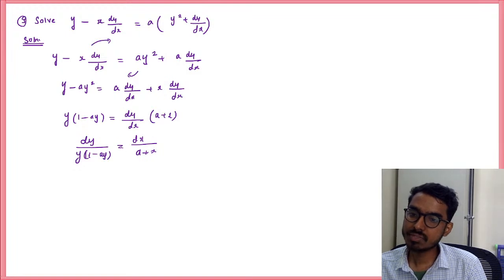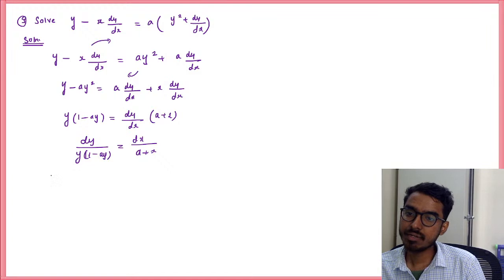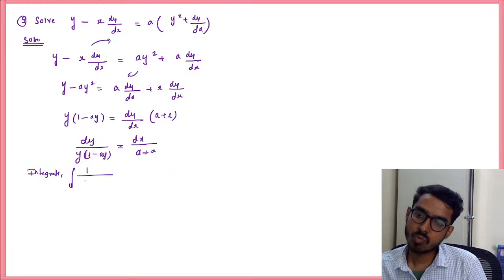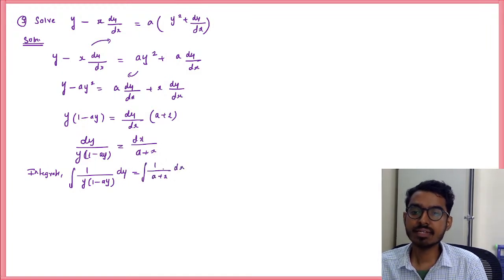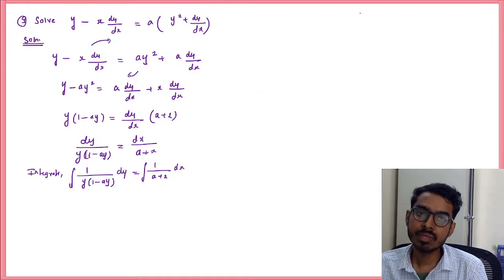Now you can see we have separated y's and dy's. We need to integrate. So integrate: integration of 1 divided by y into 1 minus ay dy, integration of 1 divided by a plus x dx. As I said earlier, this formula plays a very important role.